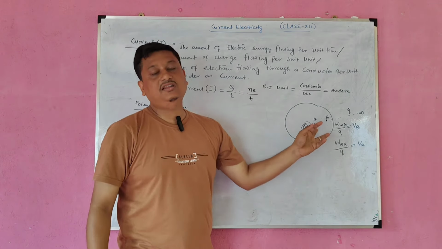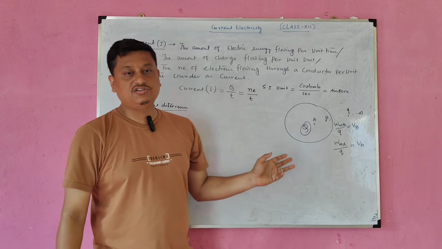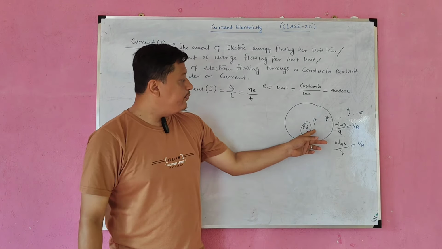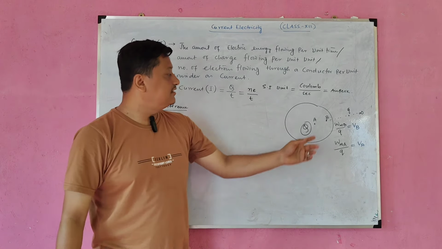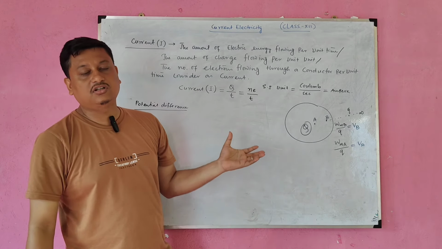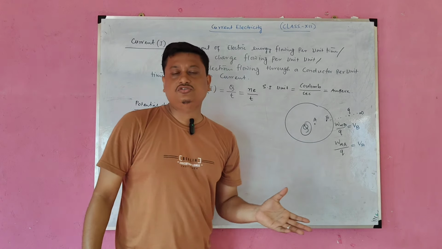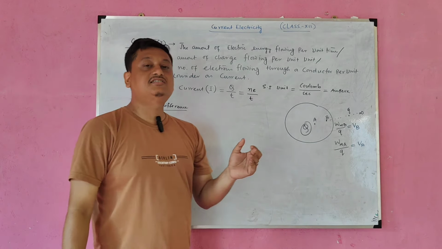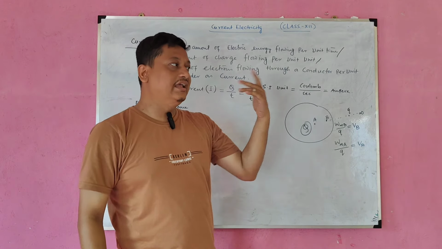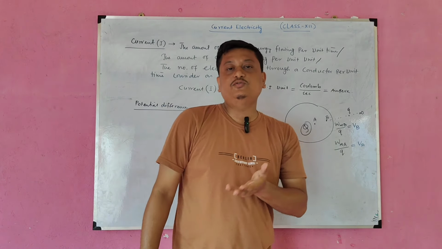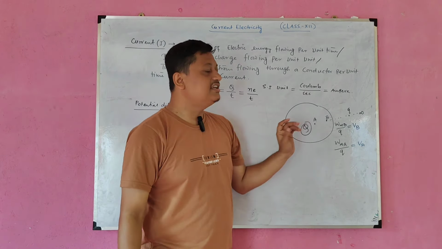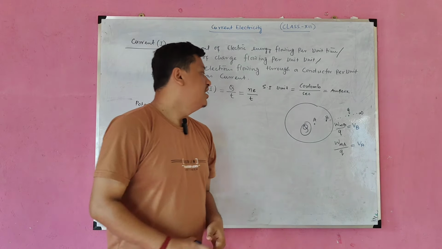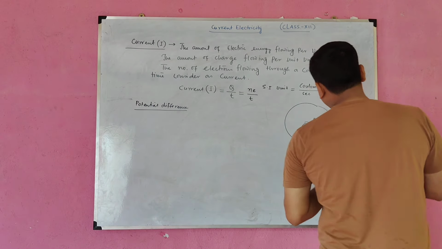So which point has more potential? If a question comes in assertion-reason form, point A has greater potential than B, because A is closer to the source charge. Bringing the test charge towards the source charge is very difficult, because we have to go against the electric field. So the potential at A is greater than at B.